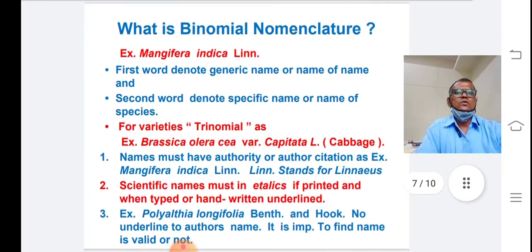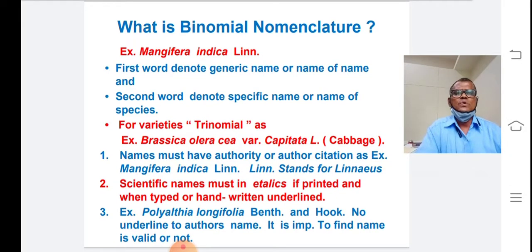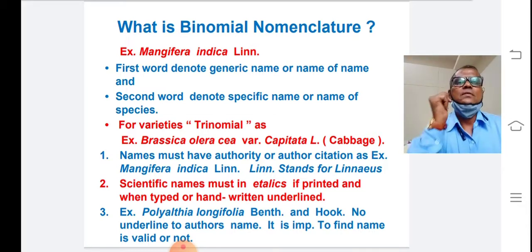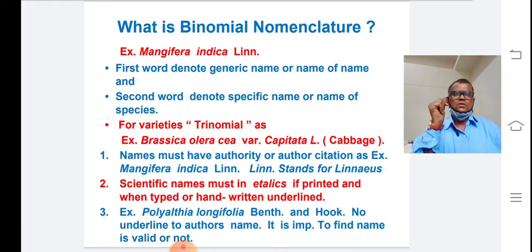Then what is binomial nomenclature? For example, for the mango, the botanical name is Mangifera indica, right? Here you observe the first word denotes the generic name, or name of the genus, and the second name denotes the specific name, or the name of the species.